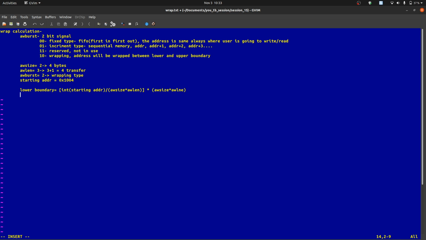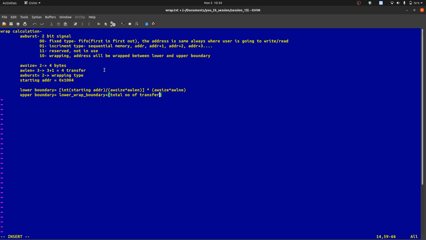So what will be the upper boundary? Simply, upper boundary will be lower wrap boundary plus total number of transfer bytes.